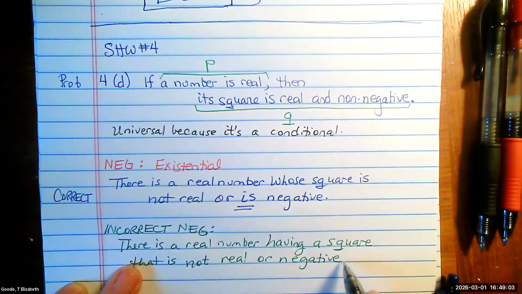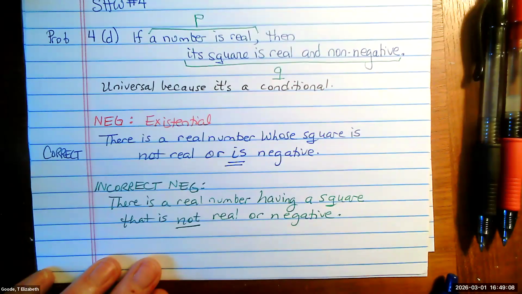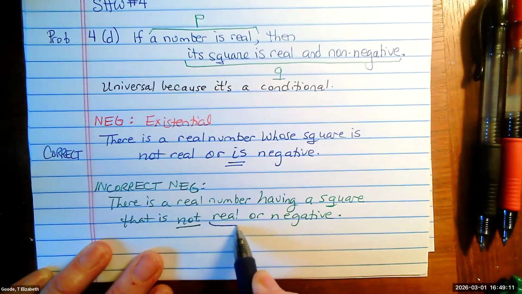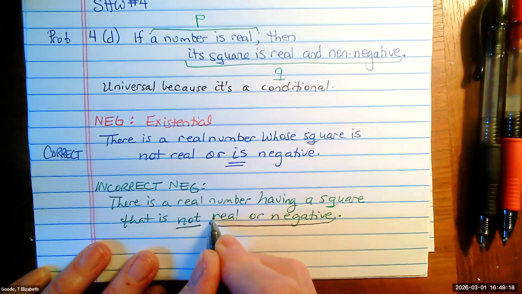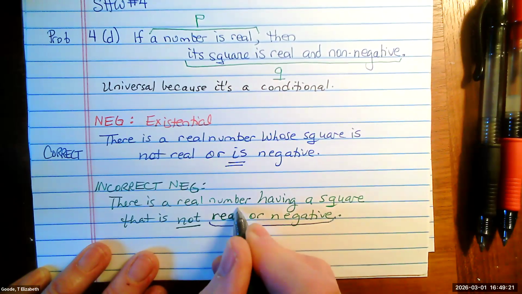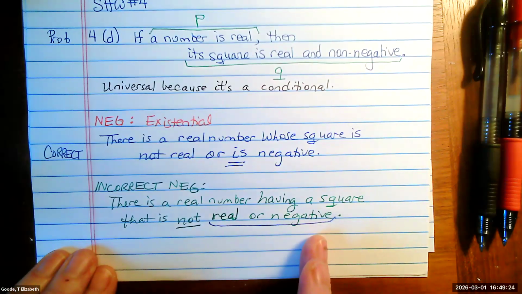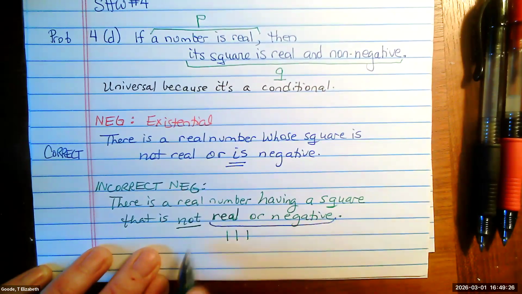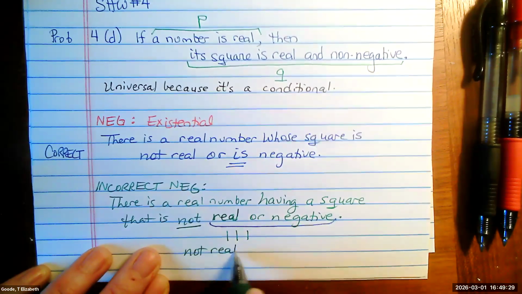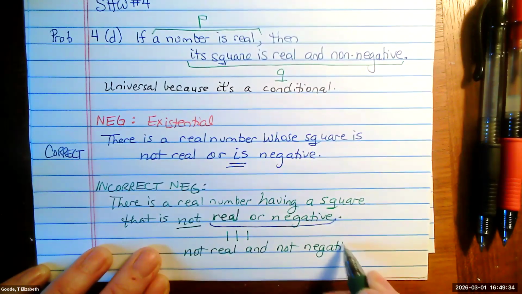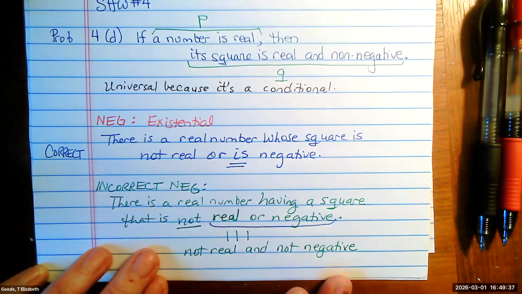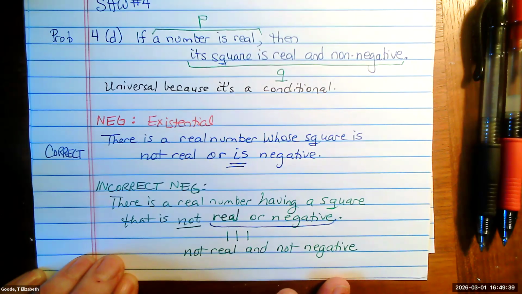When we put the not in front of this or statement, this not is actually being applied to both of the components in the or statement, and it becomes an and statement. This really means not real and not negative. It's De Morgan's law in disguise, and that's not what we want. This was a very, very common error.